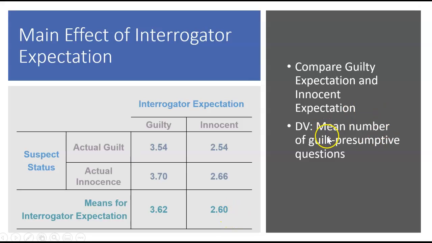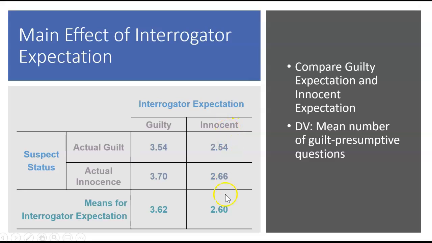And here the DV is the mean number of guilt presumptive questions. So in the condition here for main effect of interrogator expectation, if people expected someone to be guilty, they tended to ask more guilt presumptive questions than if they expected the person to be innocent.